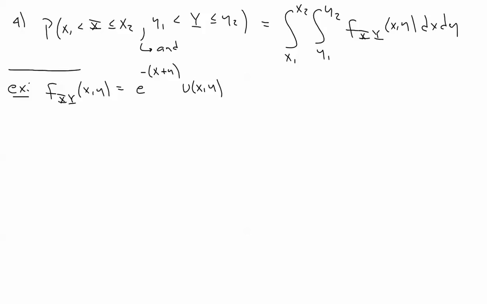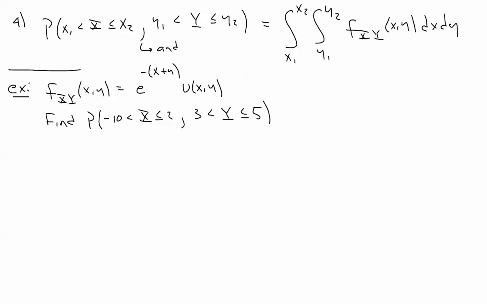And I want to find the probability that x lies between minus 10 and 2, and simultaneously y lies between 3 and 5. That's what I want to find.